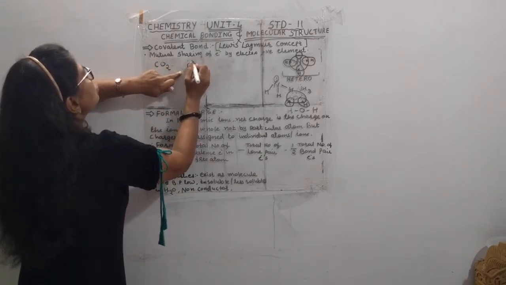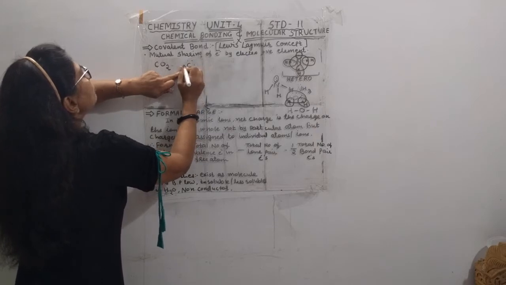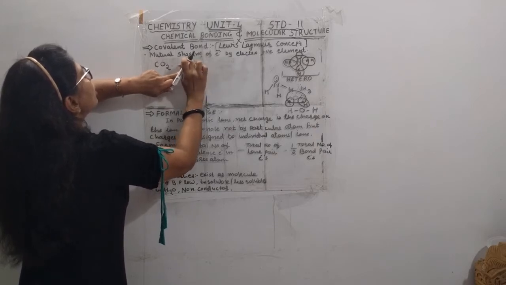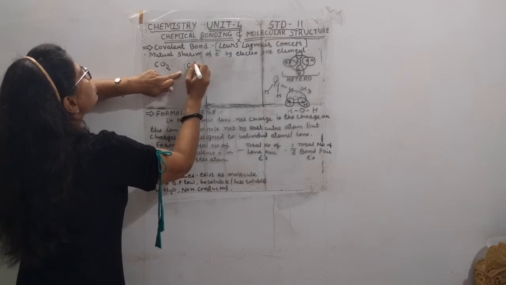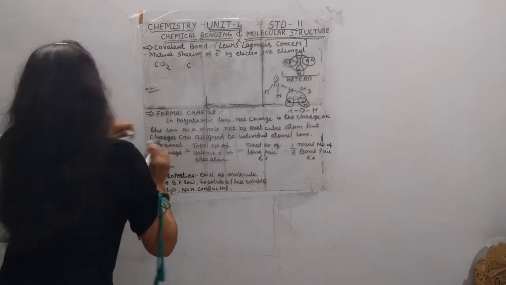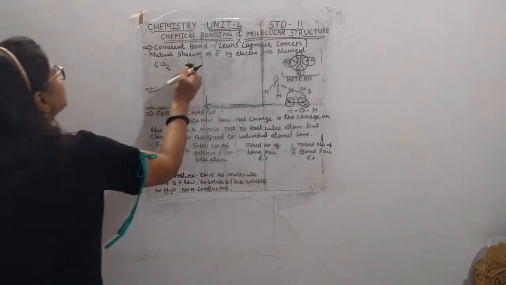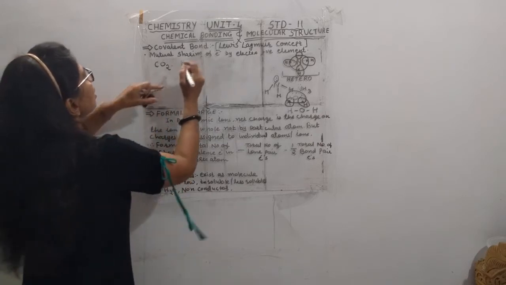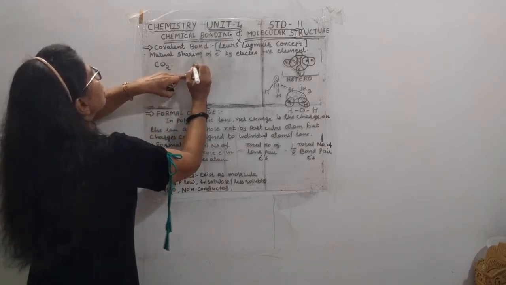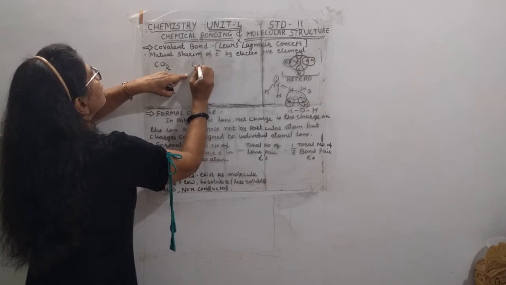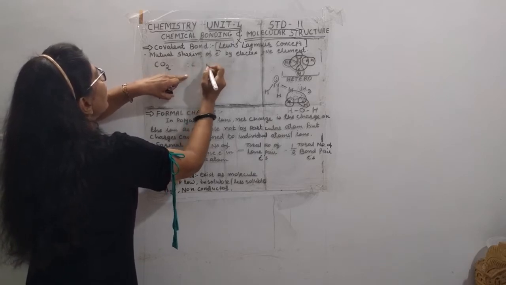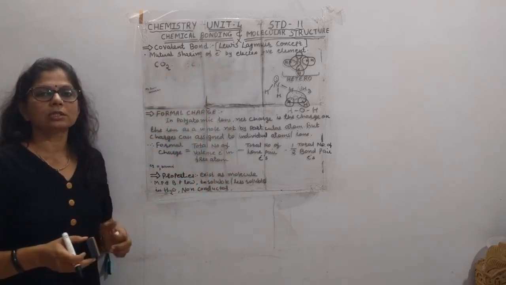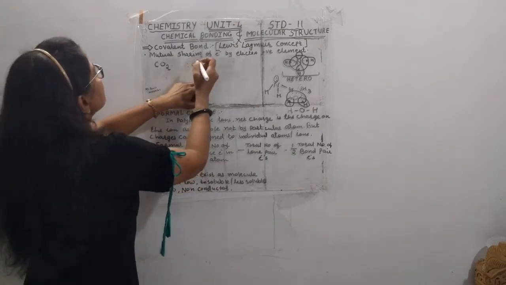So 1, 2, 3, 4, or we can draw 1, 2, 3, 4 in such a way. Carbon 1, 2, 3 and 4, and oxygen, as you know, oxygen is having the 6 number of valence electron.